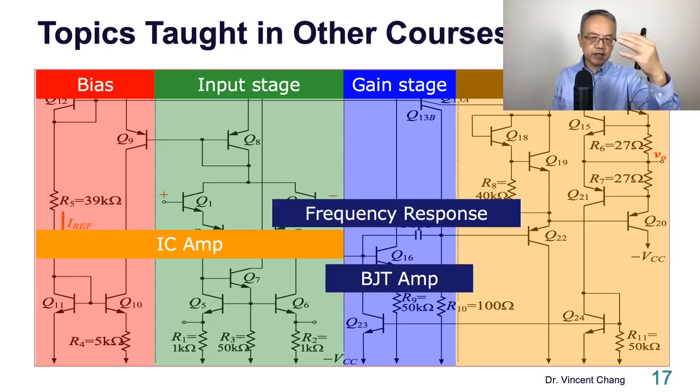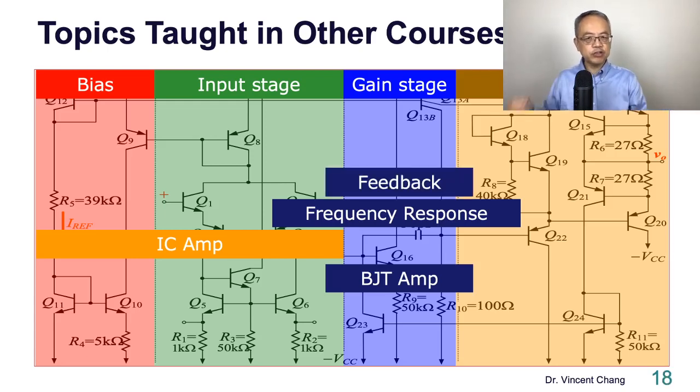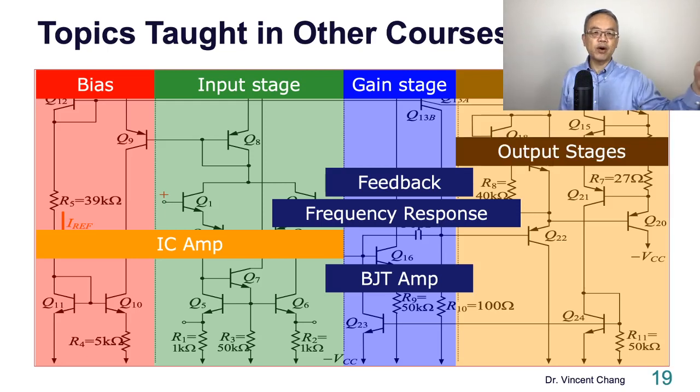To understand how the gain stage operates, there's a capacitor, CC. You need to learn the basic concept of frequency response and how to analyze the frequency response of an amplifier. Also the feedback, such as low frequency and high frequency, involving stability and oscillation, etc. The last one is the output stages.